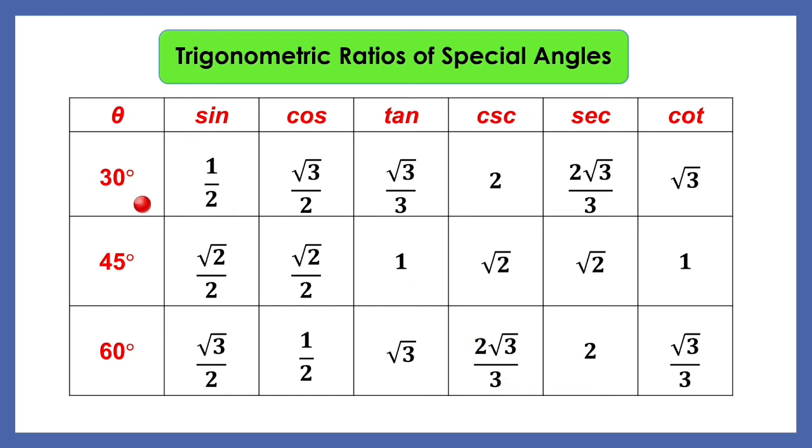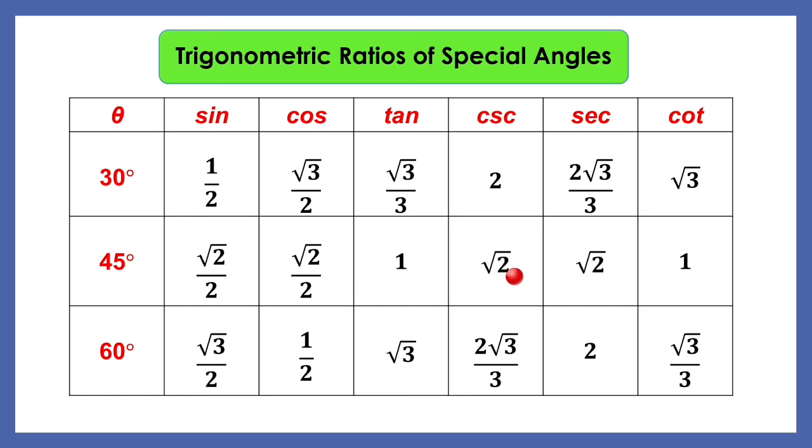Kaya, kahit itong trigonometric ratios ng special angle na 30 degrees lang ang ating isa-ulo, malalaman na rin natin yung trigonometric ratios ng special angle na 60 degrees. For special angle 45 degrees, madali lang nating matatandaan. Ang sine 45 degrees and cosine 45 degrees ay the same, na square root of 2 over 2.